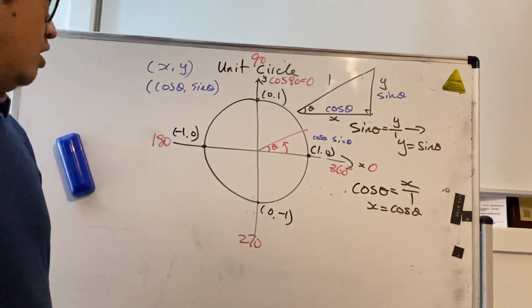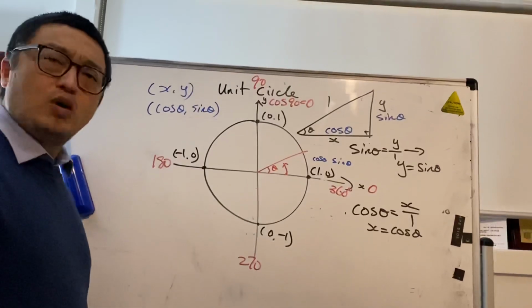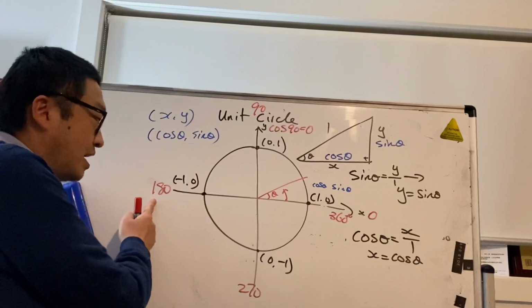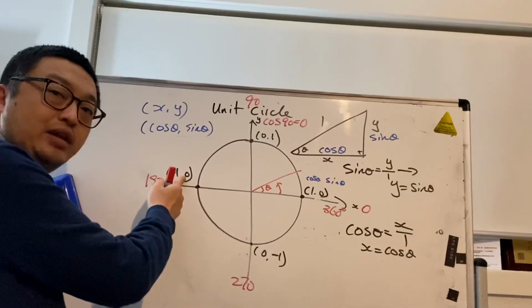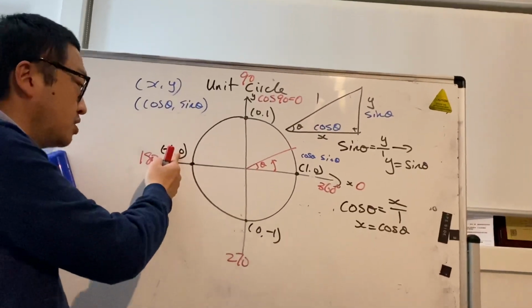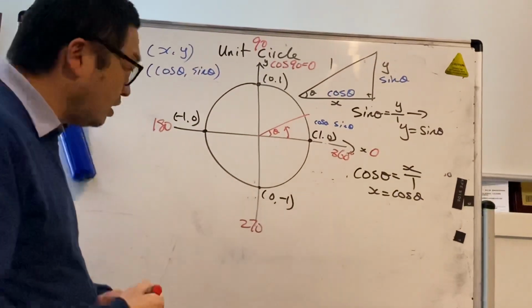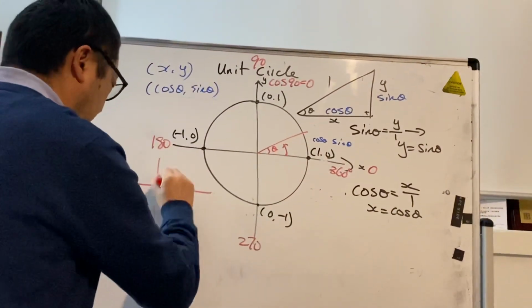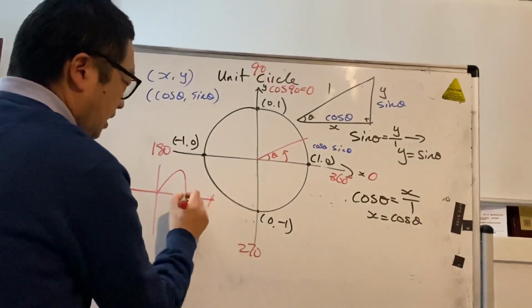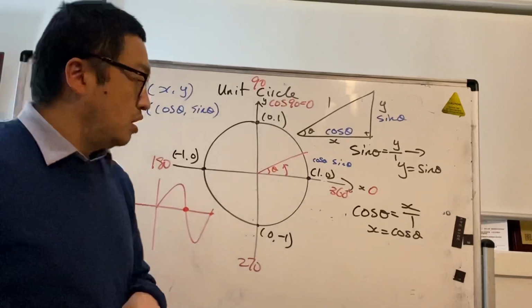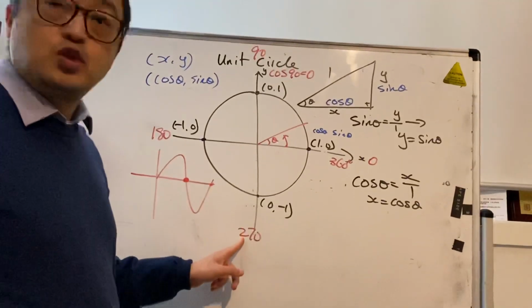Now, if somebody asks you, hey, what's sine 180? Obviously 180 is here. For sine, I'm looking at the second number in the bracket. That stands for y. So sine 180 is 0. I can always do a quick check, right? That's 360. That's 180. Sine 180 is 0. Okay, let's talk about 270.